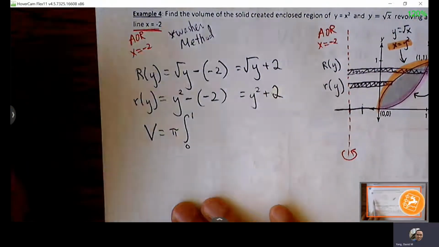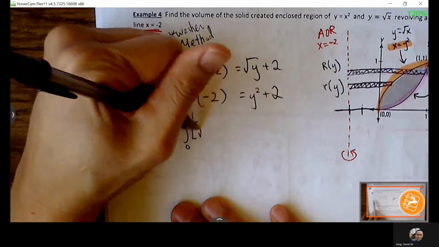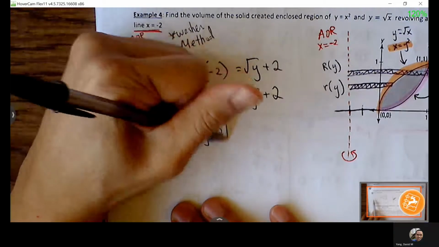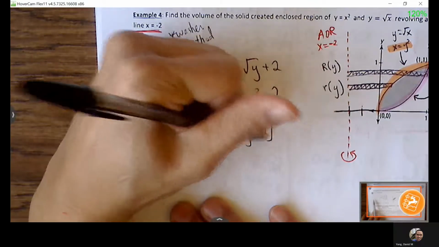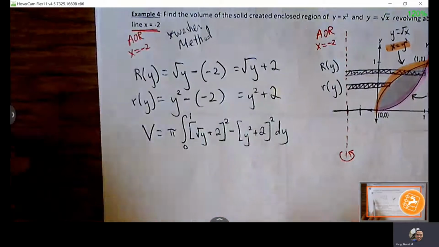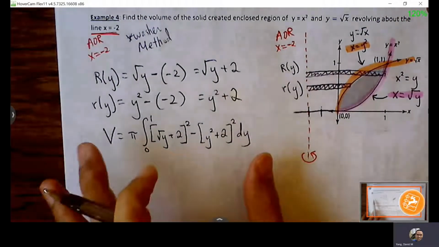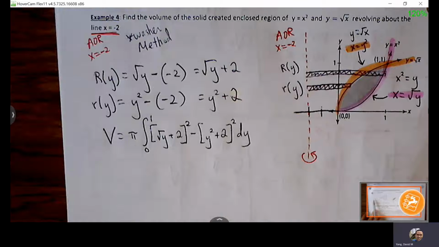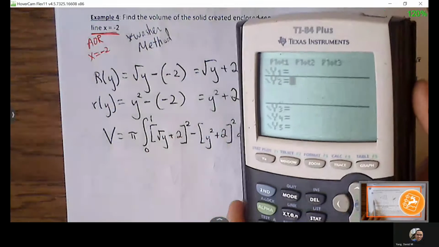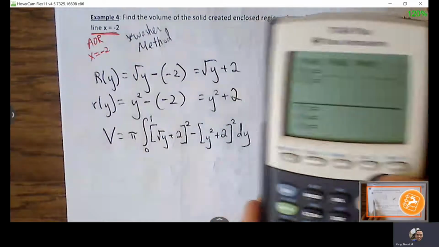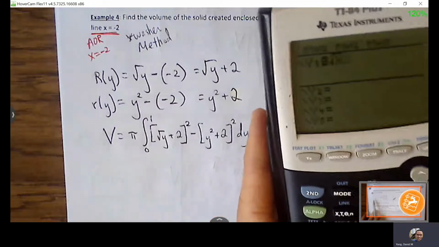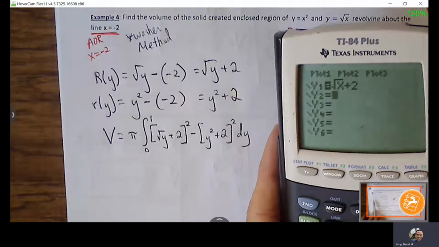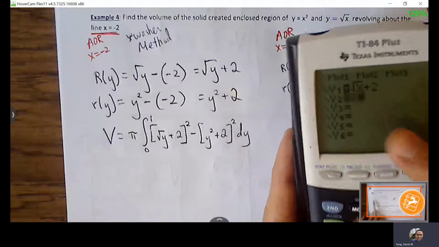Make sure you're squaring your radius separately. You see y's on paper, but in your calculator, you're using x's. Go to your calculator under y1. I'll type in square root of x plus 2, or y2, we'll do x squared plus 2.